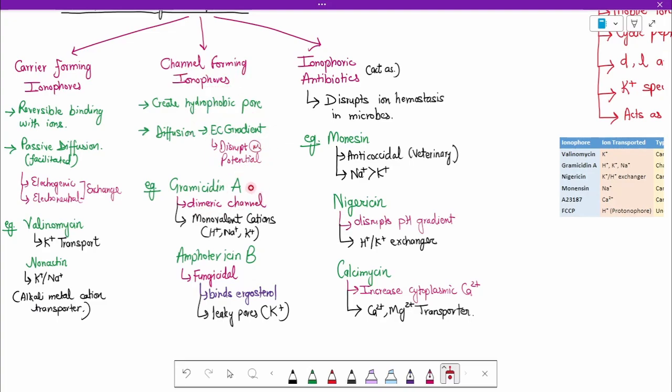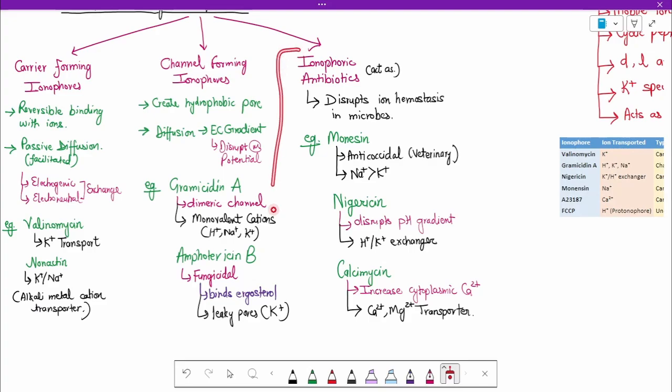Two main examples are gramicidin A and amphotericin B. Gramicidin A is dimeric in nature, and it transports monovalent cations such as protons, sodium ions, or potassium ions. Amphotericin B is fungicidal in nature because it binds to ergosterol, which is a type of sterol present in the membrane of various fungi. It creates leaky pores, causing efflux of potassium ions.